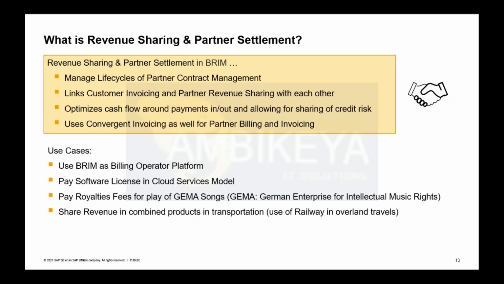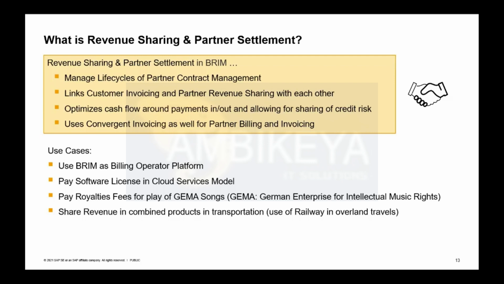We link customer invoices and partner revenue share with each other, which helps us to optimize the cash flow around incoming and outgoing payments, and allows us to share the risk with the partner. And we use Convergent Invoicing for partner billing and invoicing as for customer billing and invoicing.